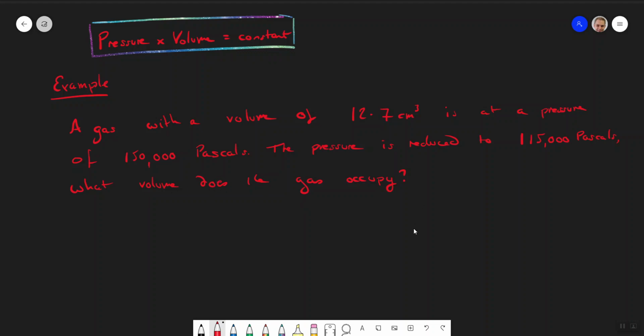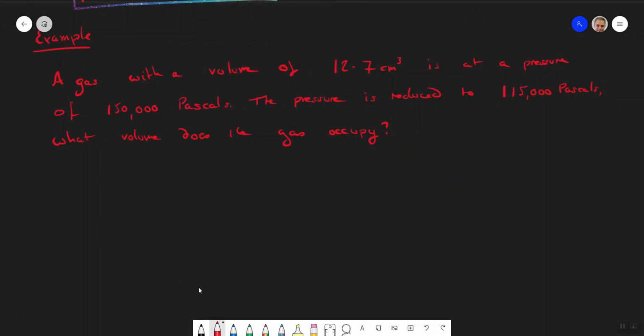And it turns out that we should be able to, because we can remember, and I'm going to color code these slightly differently. This is going to be our final pressure, and we're after our final volume, and let's highlight this as our initial pressure, and this is our initial volume.